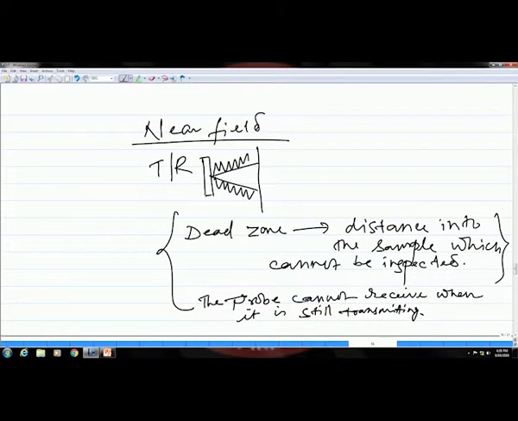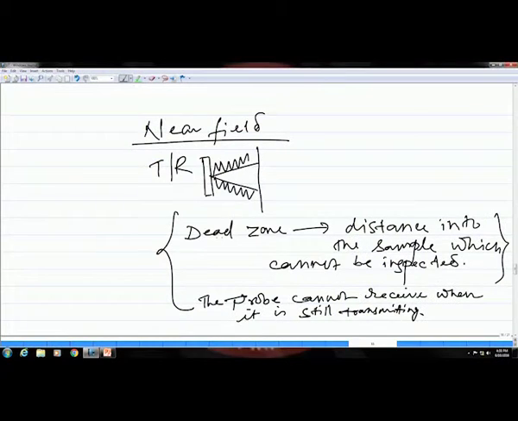So, if the vibrations are still there by the time an echo comes back to the transducer, it will not be able to receive that echo while it is still vibrating. That is the effect of the near field which gives rise to this dead zone.